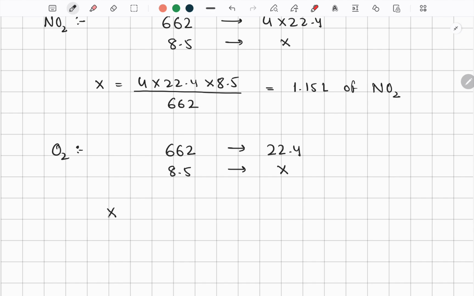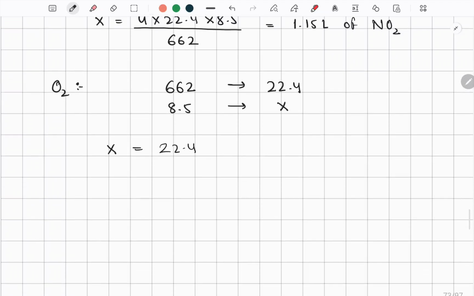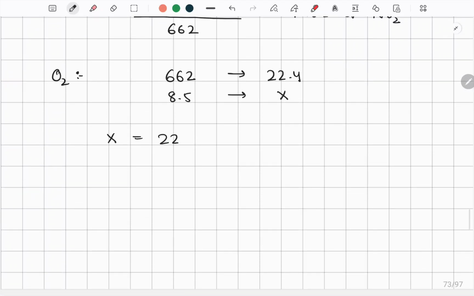So let's solve the value of X. X should be equal to 22.4 into 8.5 divided by 662. When you solve this fraction, you get the answer equal to 0.287 liter of oxygen.